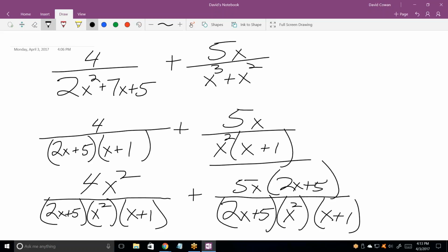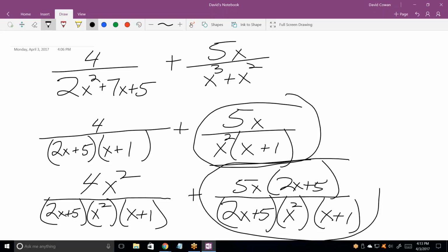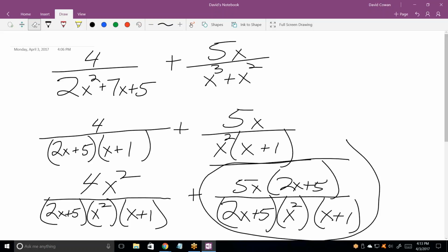That's all you need to know. Now you can definitely tell that that is the same as that, because I could cross off the 2x plus 5 and I would have the same thing I started with. I forgot that the x plus 1 was already there on the bottom. That's all right. That's the reason I do it like this.